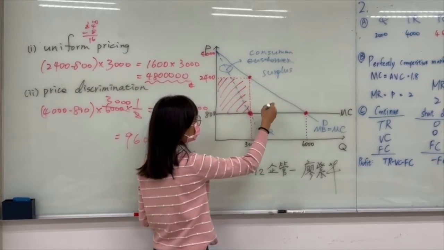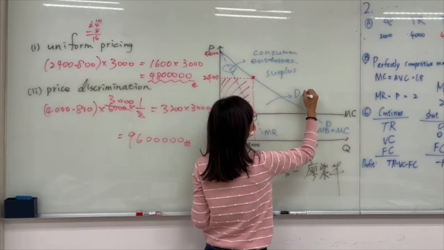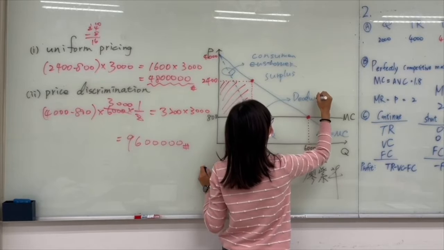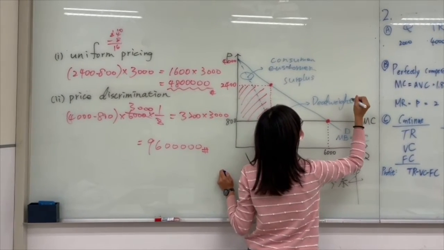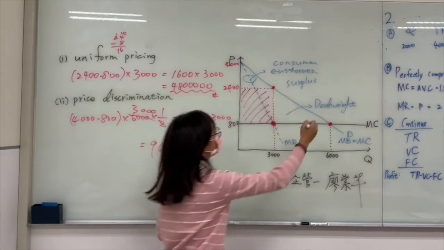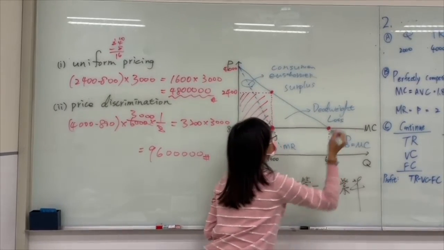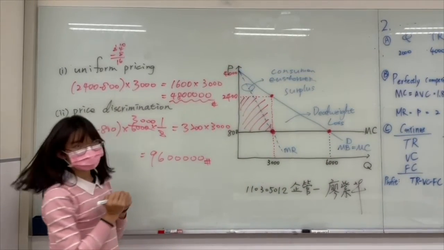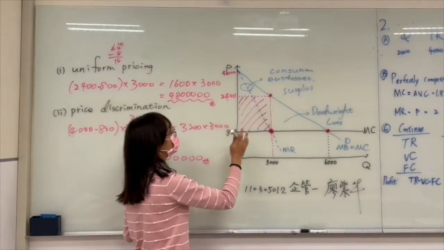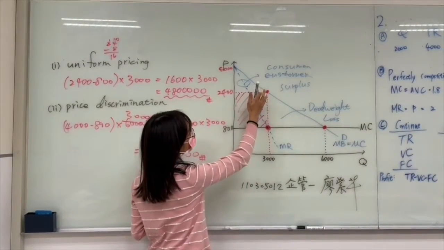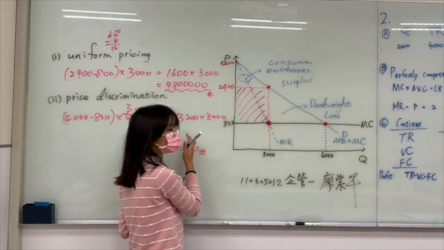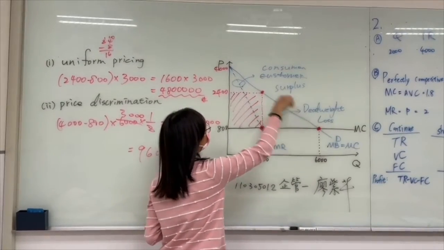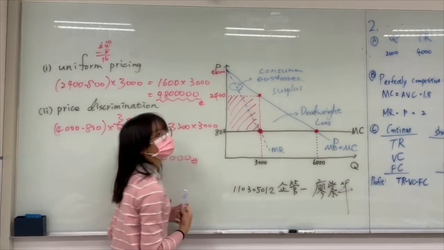And this triangle is called the deadweight loss, because the consumer cannot get the product they want. So when we are doing price discrimination, they change the consumer surplus into profit, and they shift the deadweight loss into profit also. So it is higher than this square. Yes, thank you.